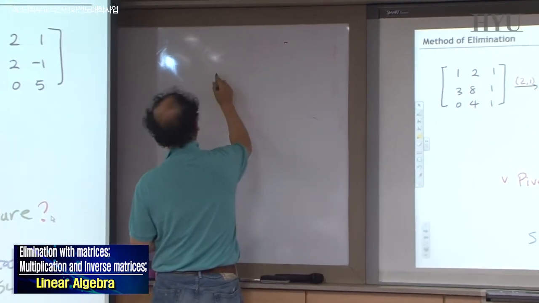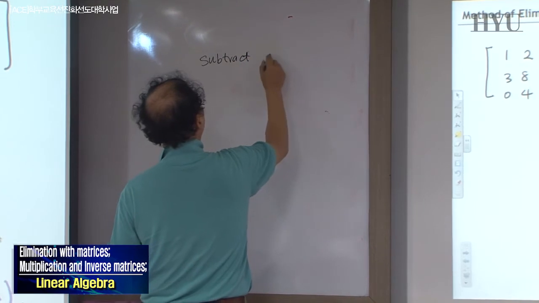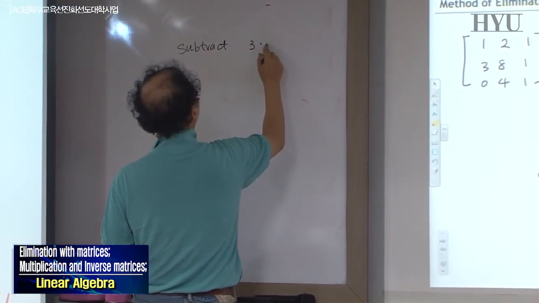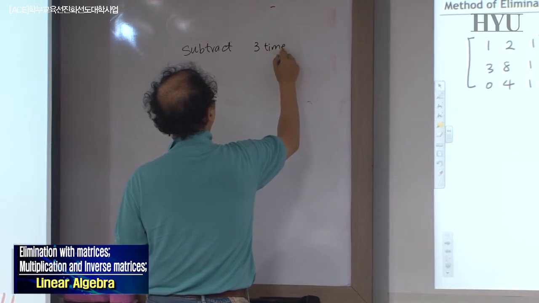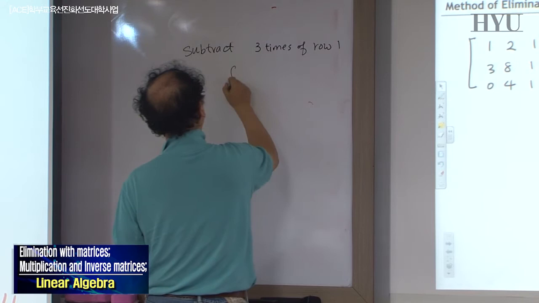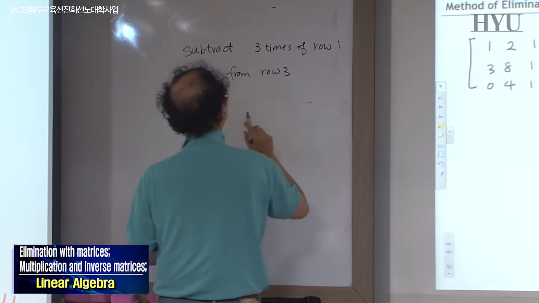What it does is subtract 3 times row 1 from row 2, right?